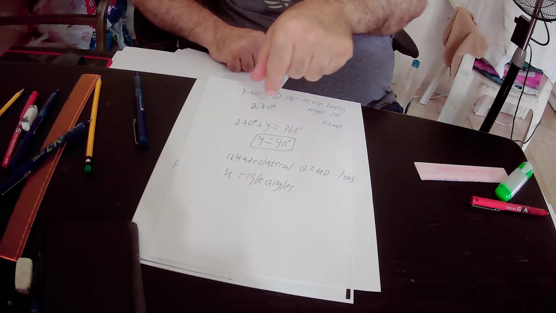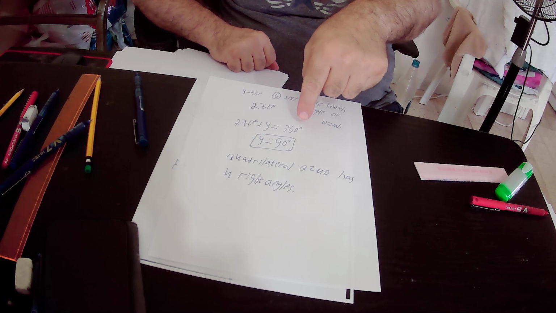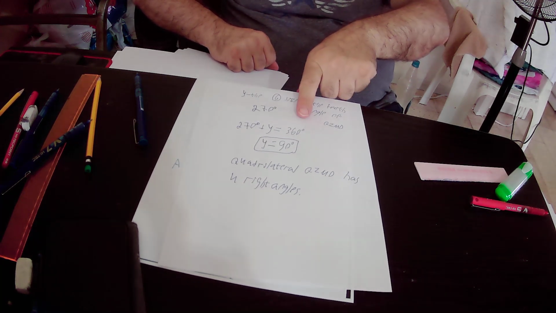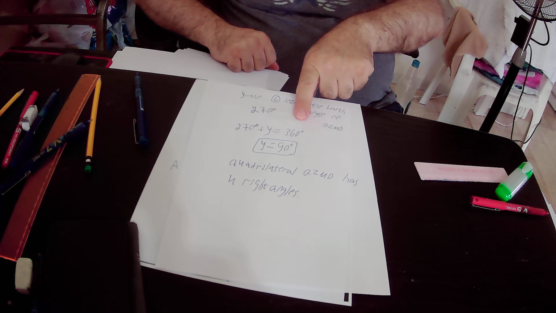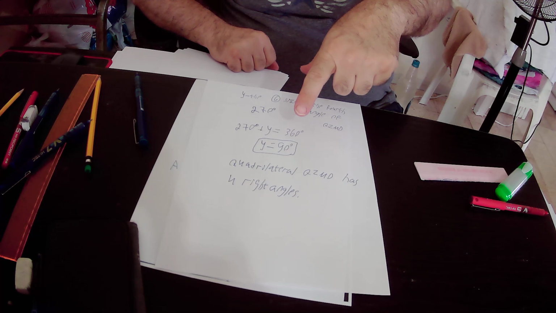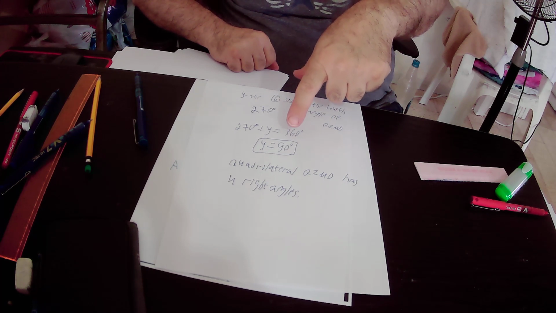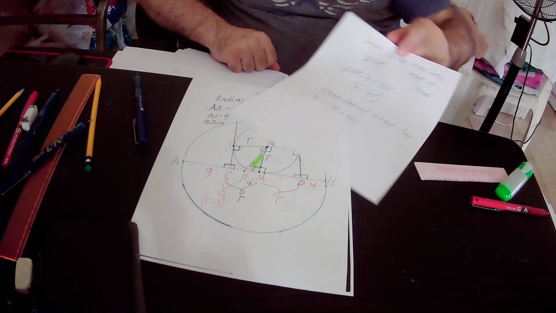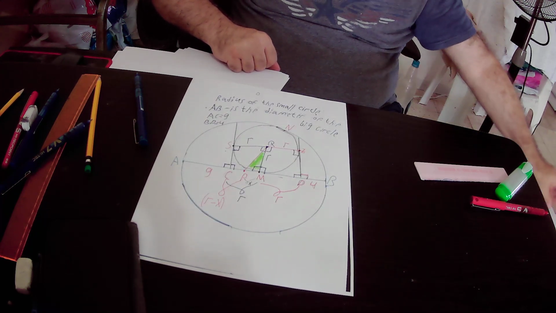So 270 degrees plus y must be equal to 360 degrees. Here we subtracted 270 degrees from 360 degrees, and we got that y, that is the size of the fourth angle, equals 90 degrees. That is to say, the fourth angle is also a right angle.